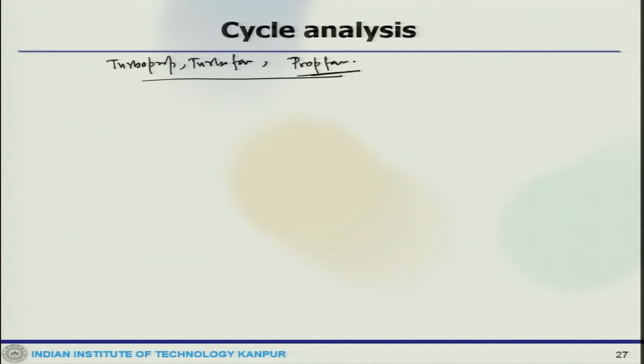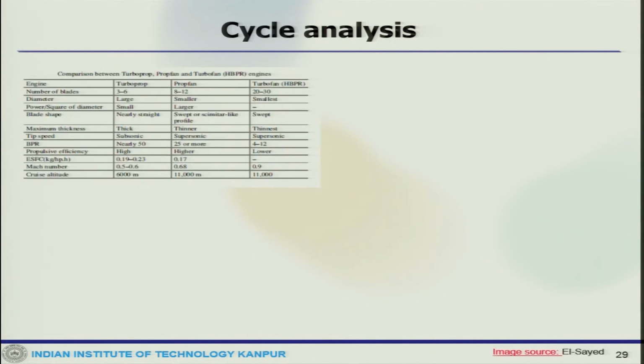Also, we can see this comparison between turboprop, turbofan and this one. You can see the propeller fan number of blades is less compared to turbofan, but more than this one.